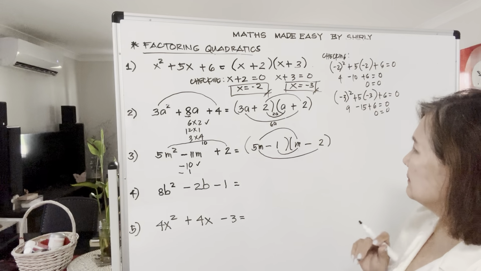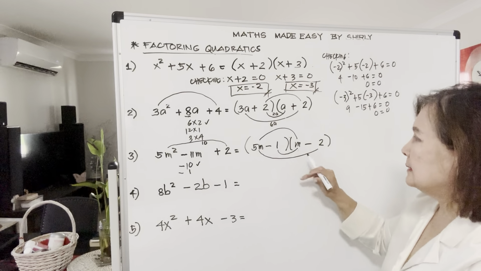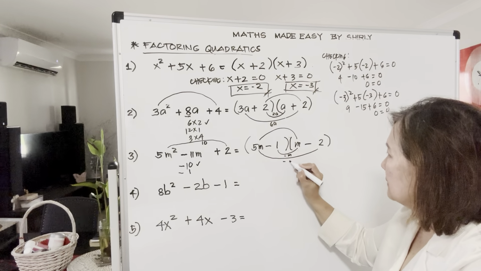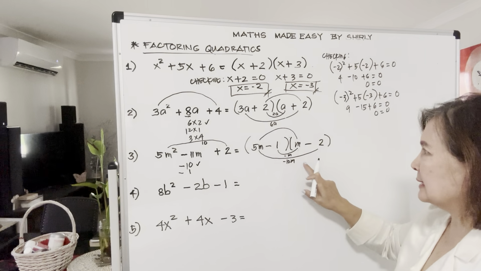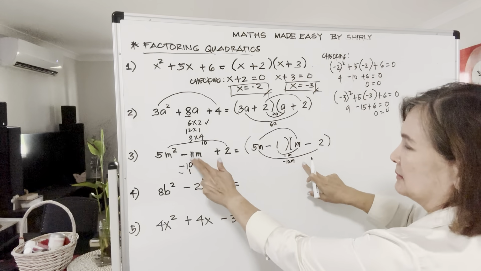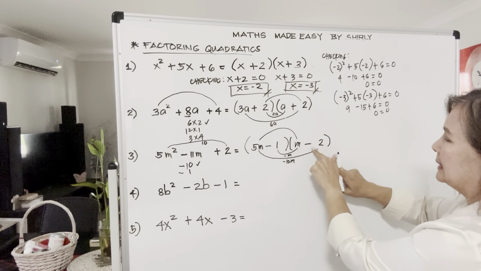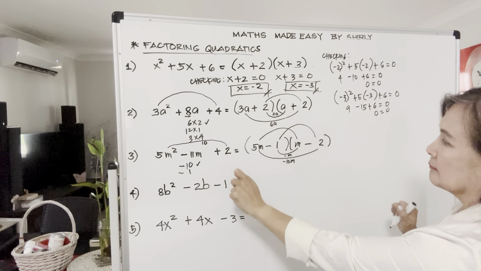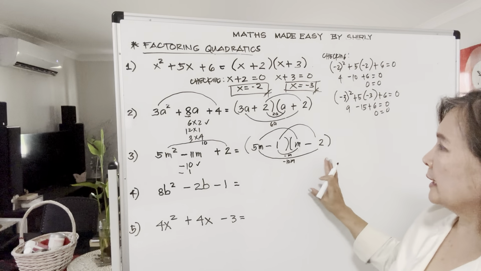Negative 1 times m, that is negative m. Adding these two, negative m and negative 10m, that is equal to negative 11m, which is the middle term. But multiplying negative 1 by negative 2, that is positive 2. Okay?